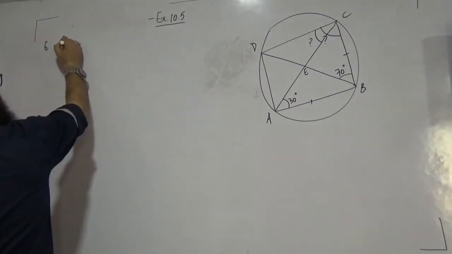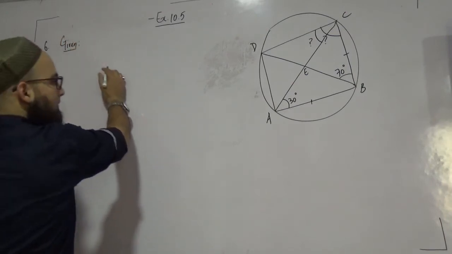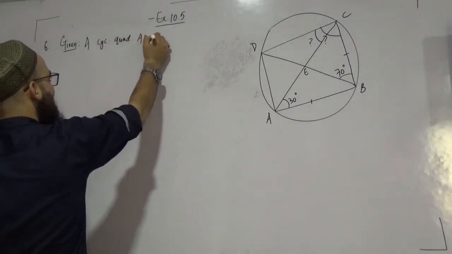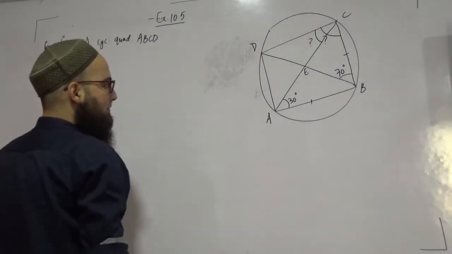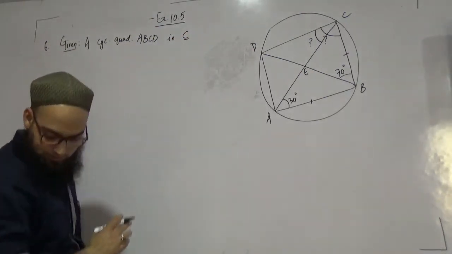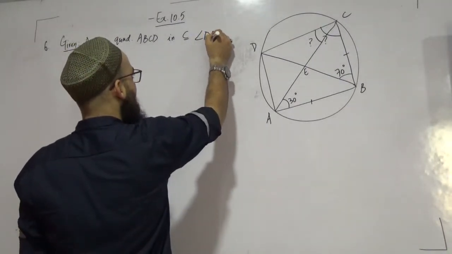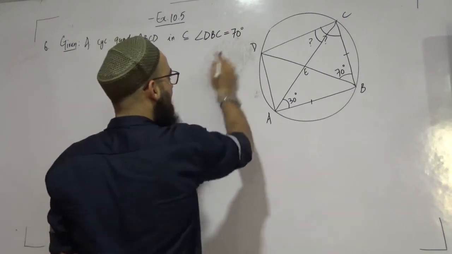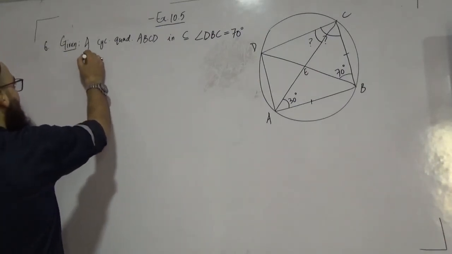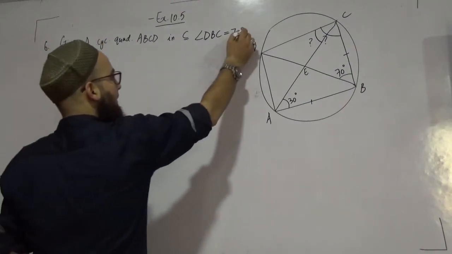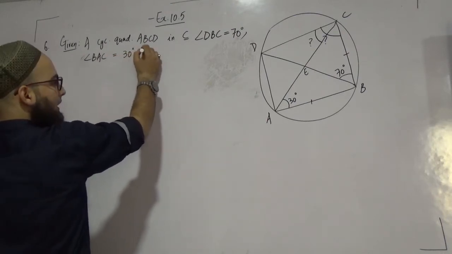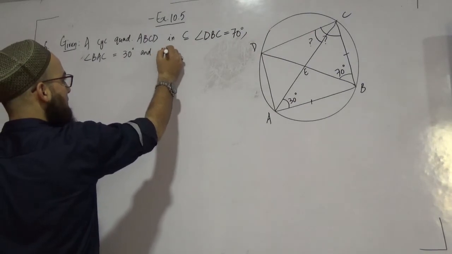Let us see. Given a cyclic quadrilateral ABCD in which angle DBC is equal to 70 degrees, angle BAC is equal to 30 degrees, and AB is equal to BC.